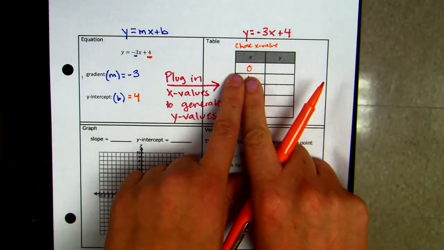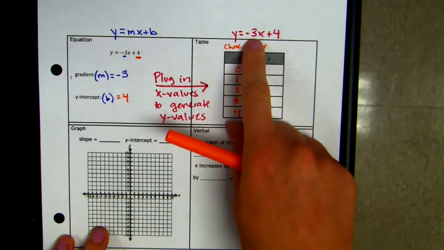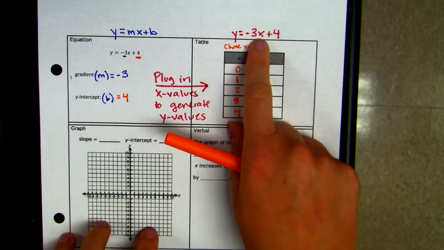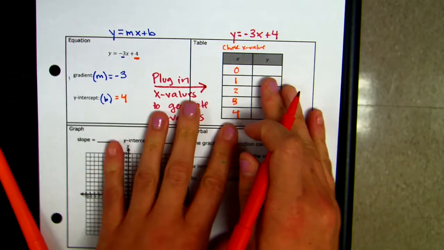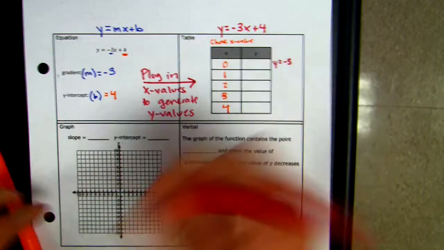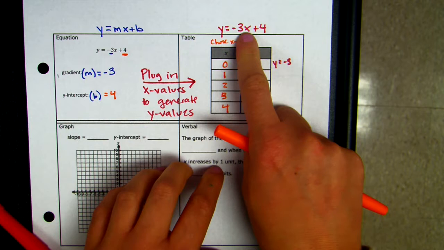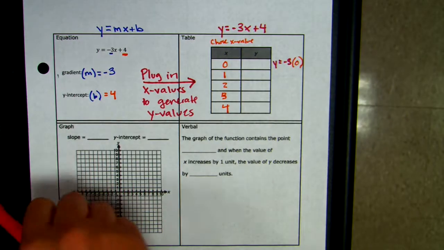Okay, so I've chosen my x values. What I'm going to do is plug them in every time I see x to generate a y value. So here I'm taking my equation, y equals negative 3, but where I see x, I'm going to plug in 0, plus 4.